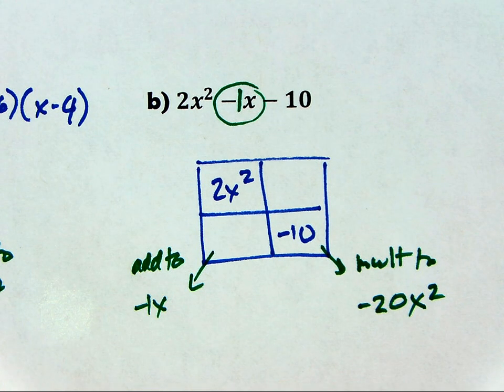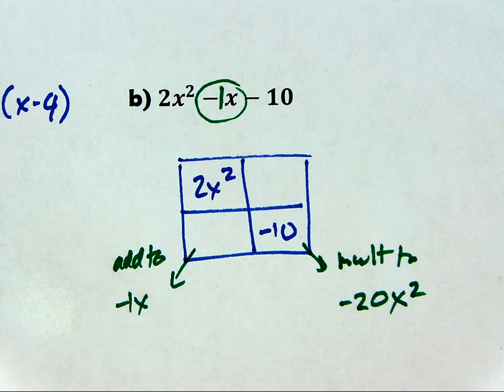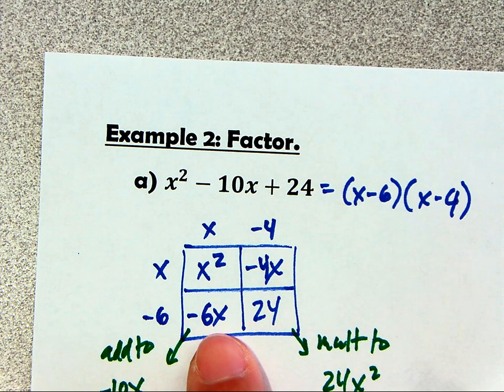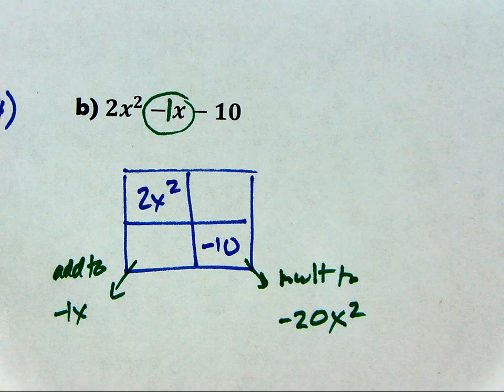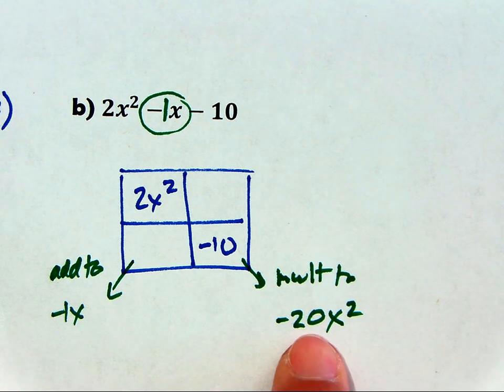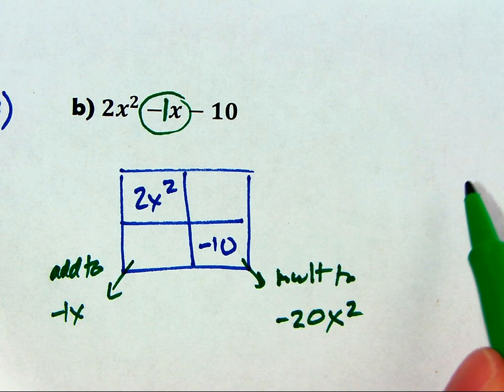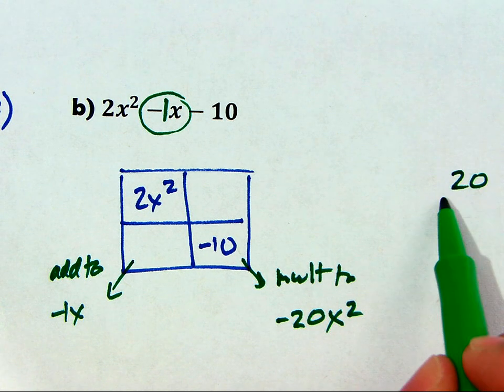Okay. All right, so in the first example, I didn't really show you how I ended up with the negative 6 and negative 4. So here, let me show you what trial and error might look like. Okay, so we know we want to make a product of negative 20, right? Let me not worry about the negative sign right now.